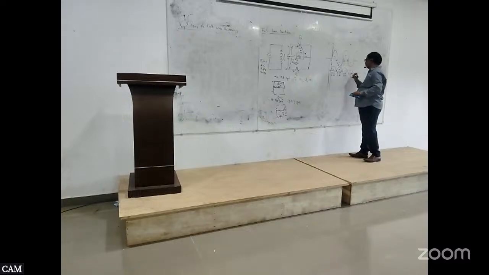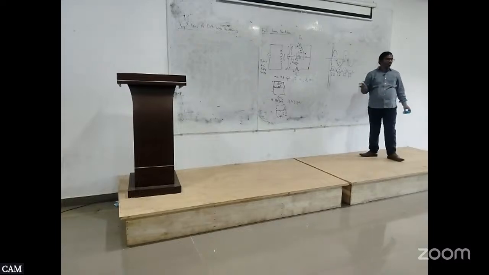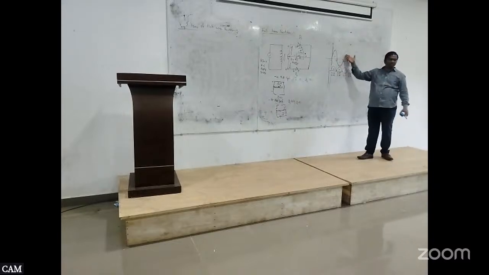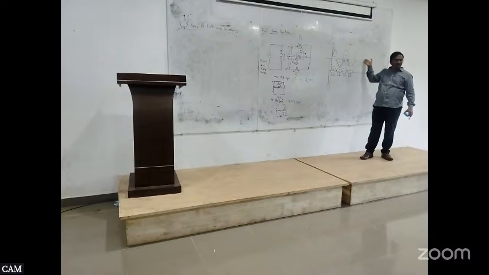D1 off, D2 on, and this process will continue. Why? Because positive cycle, negative cycle, positive cycle, negative cycle, and so on up to infinity.